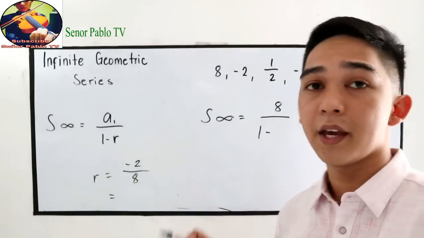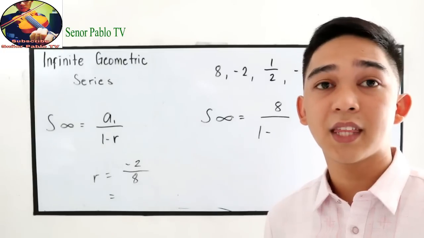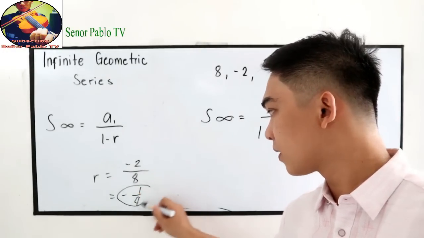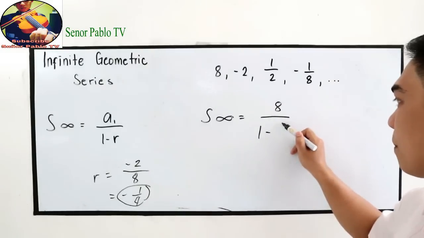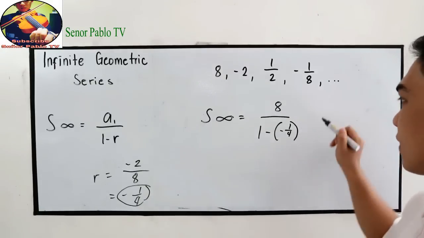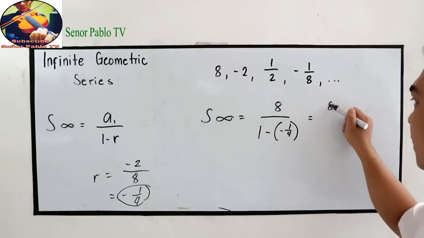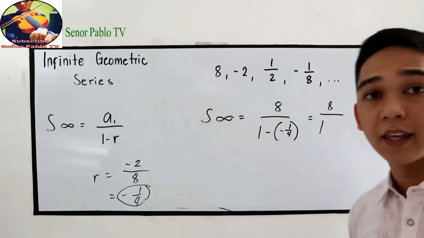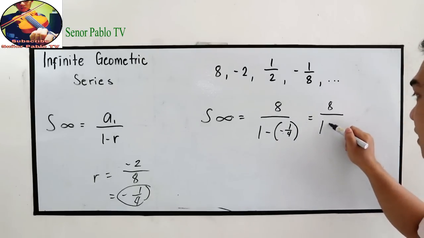Negative 2 divided by 8 can be written in simplest form. So, negative 1 over 4. So, minus negative 1 over 4. So, 8 over 1, negative times negative, that will become positive 1 over 4.